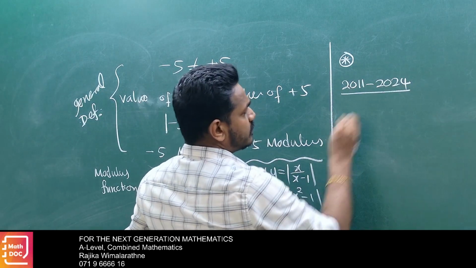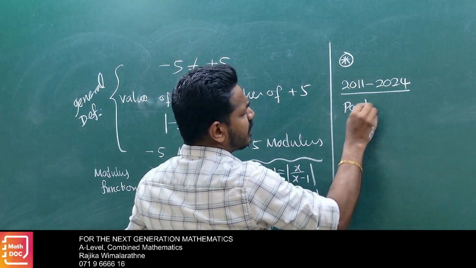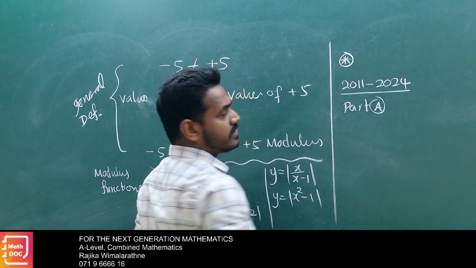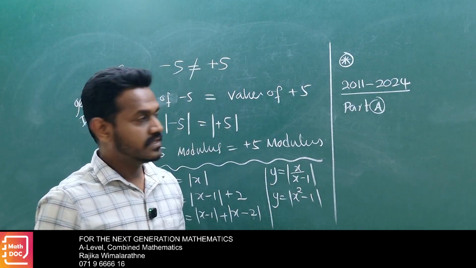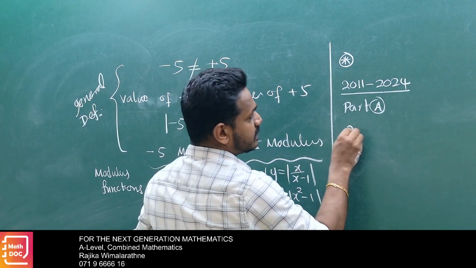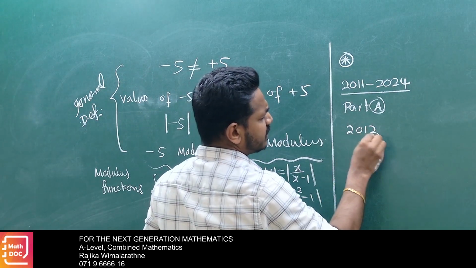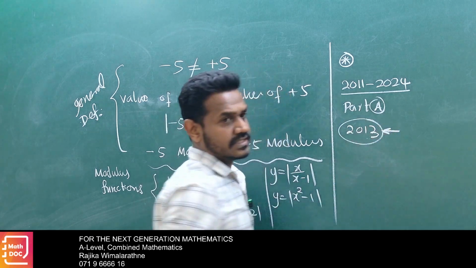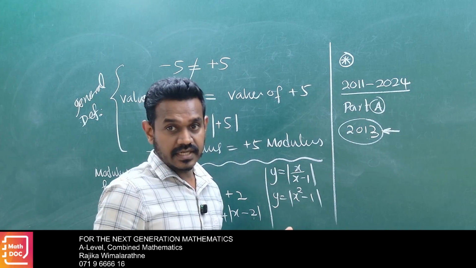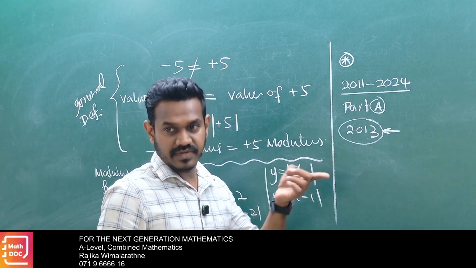Only 2013 was not modulus inequality type; that was a rational inequality, which we have done previously, no?